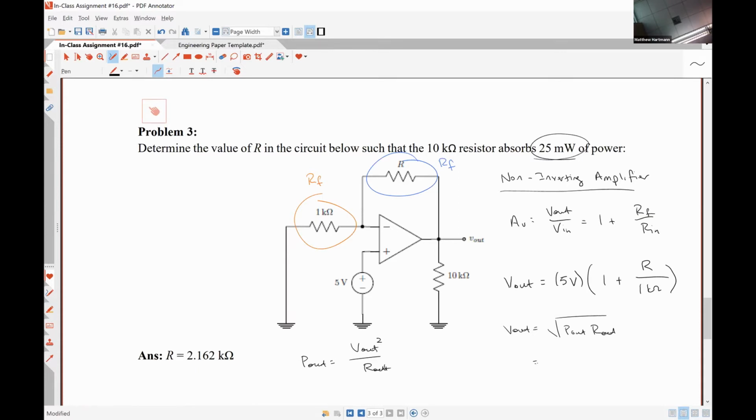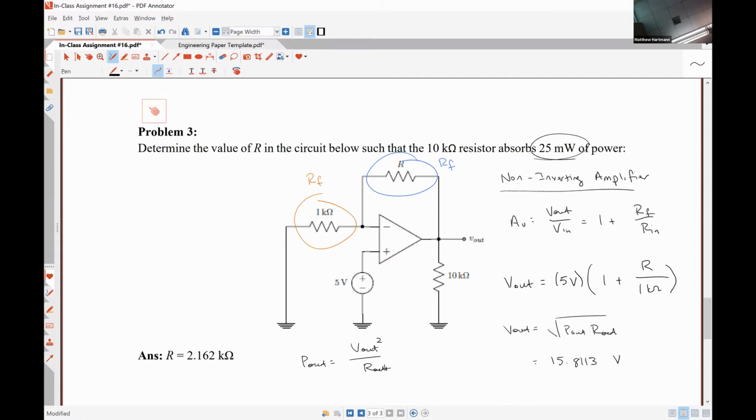If I substitute in my numbers, the square root of 0.025 times 10,000 is 15.8113 volts.